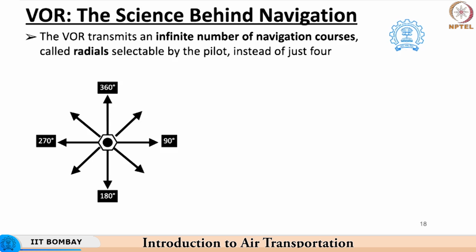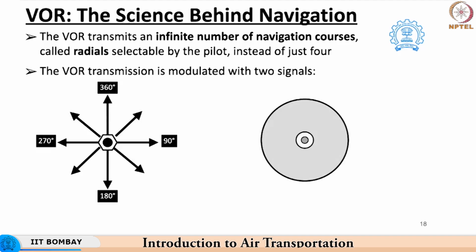Through the onboard equipment, when he is trying to home towards a VOR station, he or she can select the radial to follow based on the predetermined true course that he has planned. So these towers make use of two types of different signals.